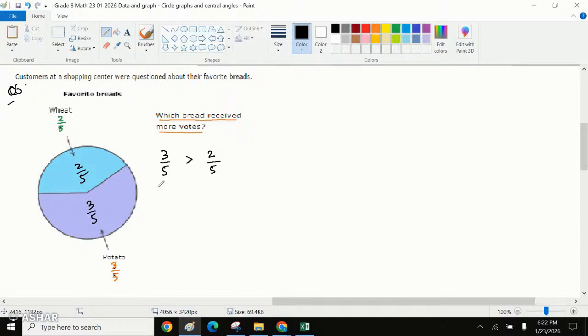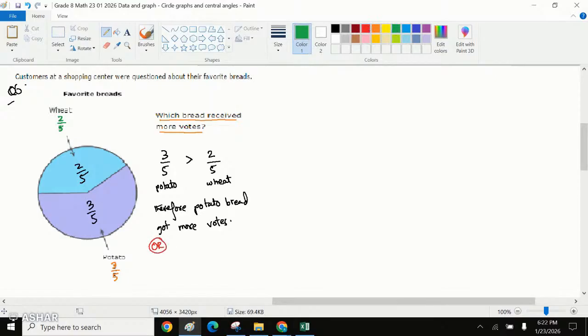This was potato and this was wheat. Therefore, potato bread got more votes, right?